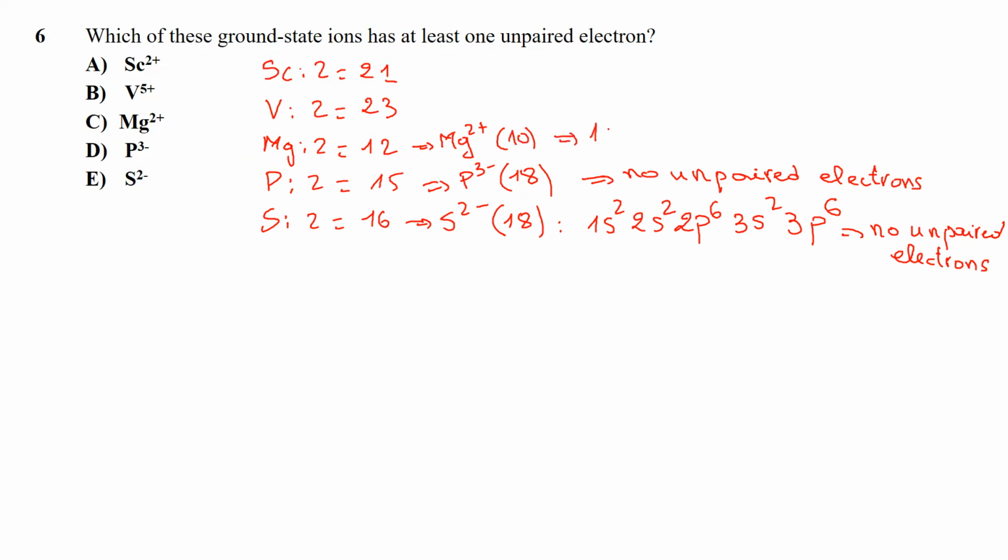So the configuration will be 1s2, 2s2, 2p6. Here again, no unpaired electron. Okay, when Z equals 23, if I have vanadium 5 plus, what do I need to do? I need to remove 5 electrons. Okay, so it's going to be 18. So here, same configuration as S2 minus and P3 minus, so no unpaired electron.